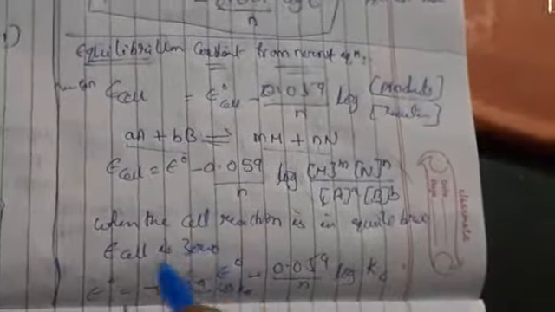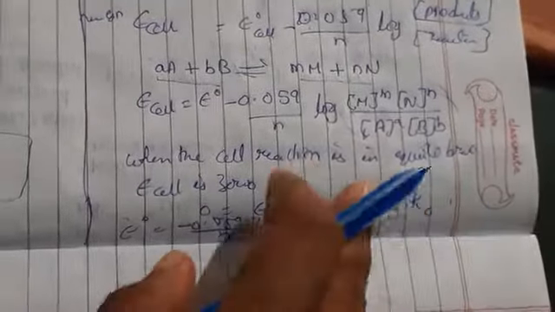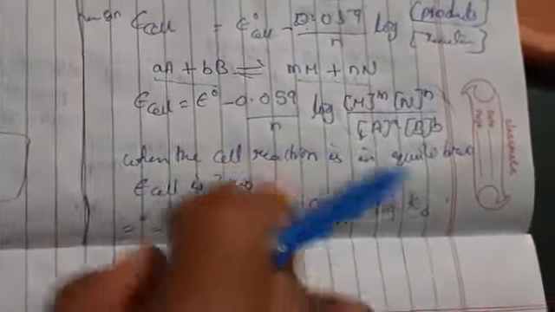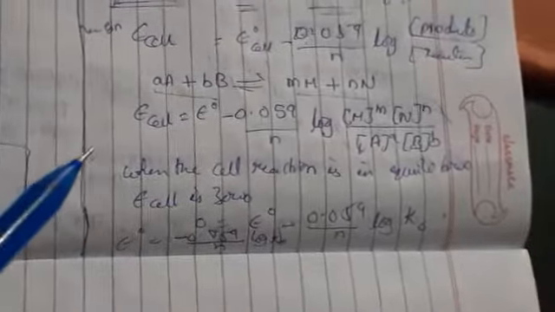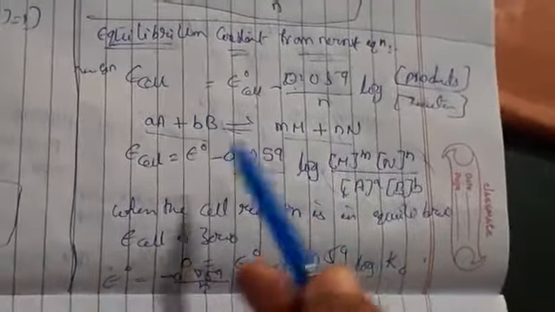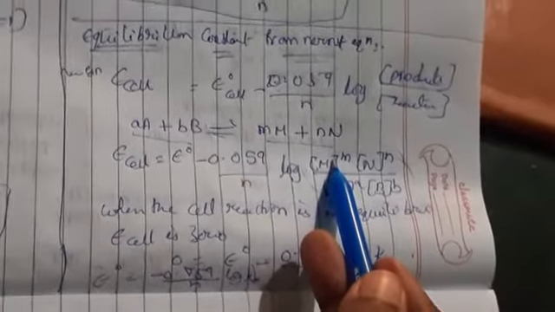Okay, so this is the relation. The equilibrium constant of the reaction, which is very difficult to measure, can be calculated from the value of E naught cell. Now we have taken the Nernst equation and the reaction according to the equilibrium law.